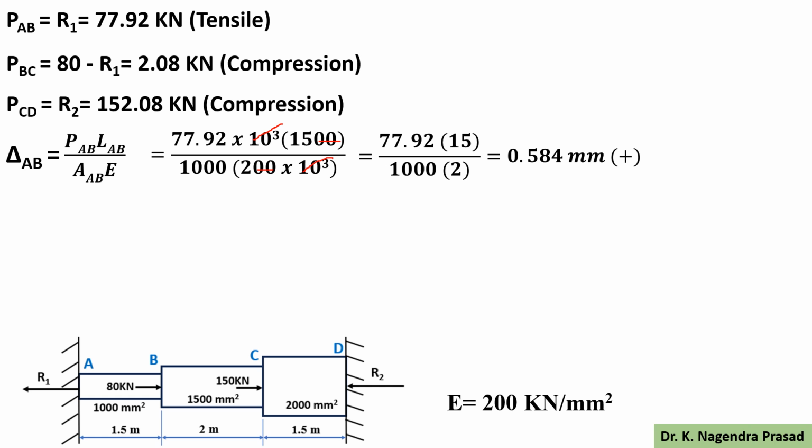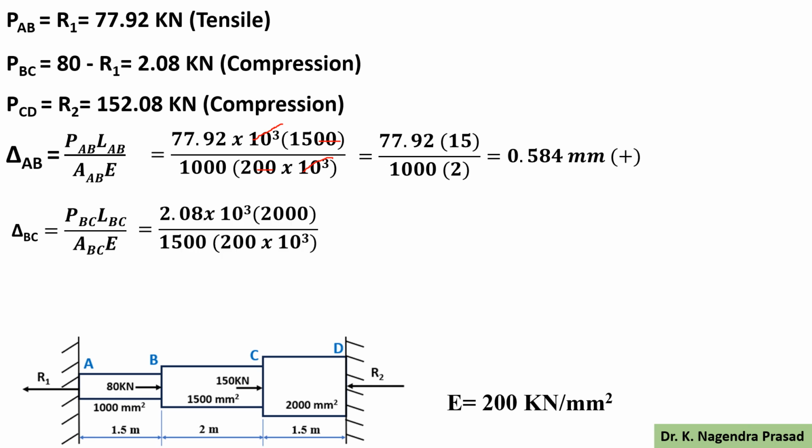displacement of the portion BC, that is delta BC, which is equal to PBC LBC divided by ABC into E. We know all the values, so substituting, delta BC becomes 2.08 into 10 to the power 3 into LBC, the length, equal to 2000 mm, divided by the cross-sectional area of portion BC, equal to 1500, and E value 200 into 10 to the power 3.